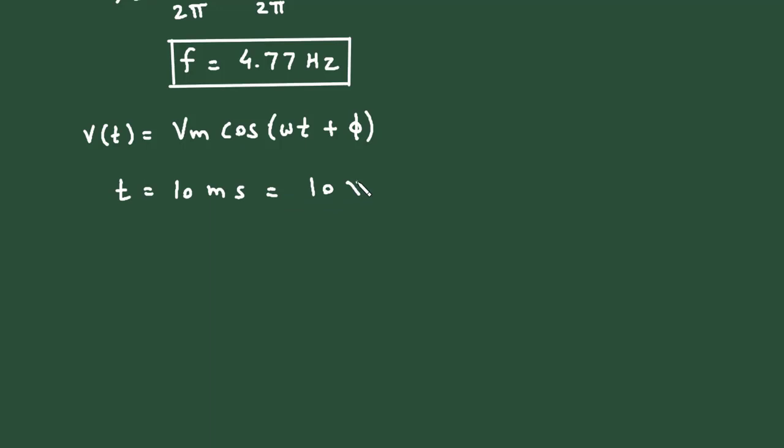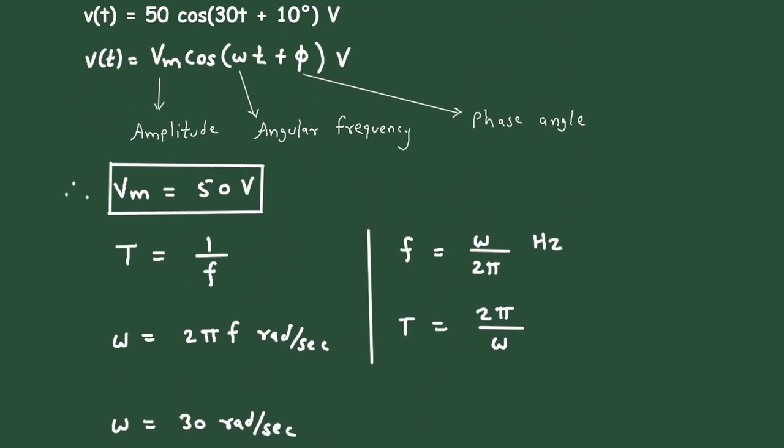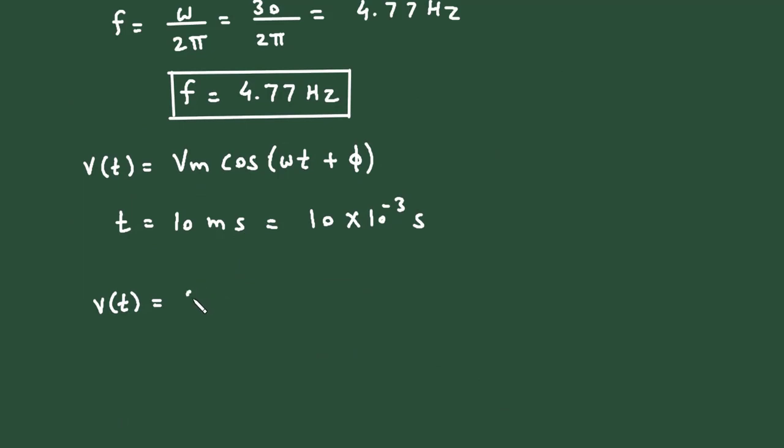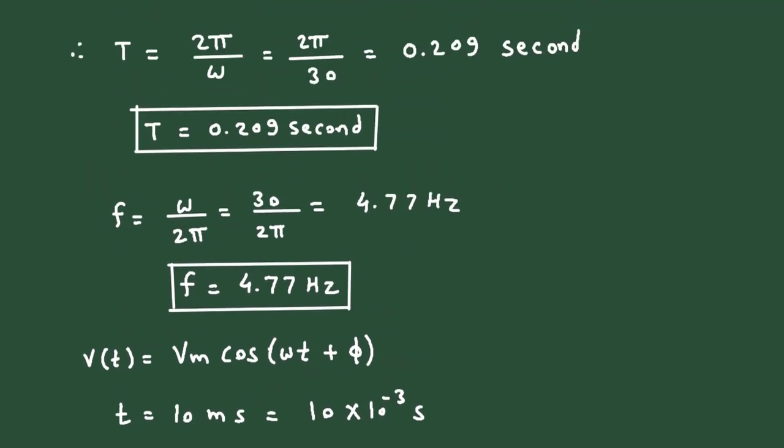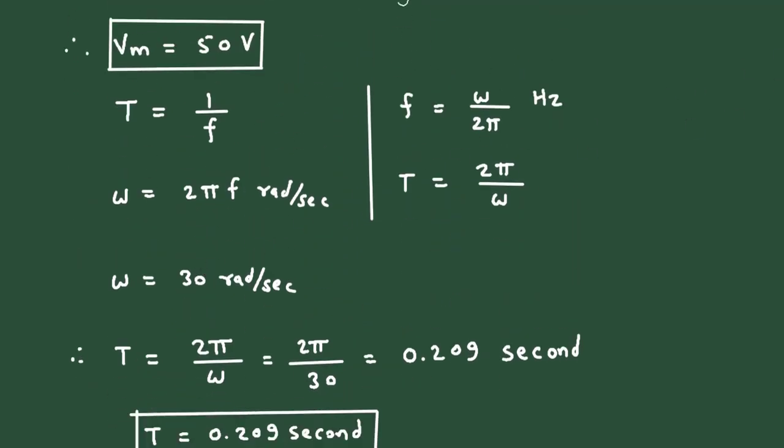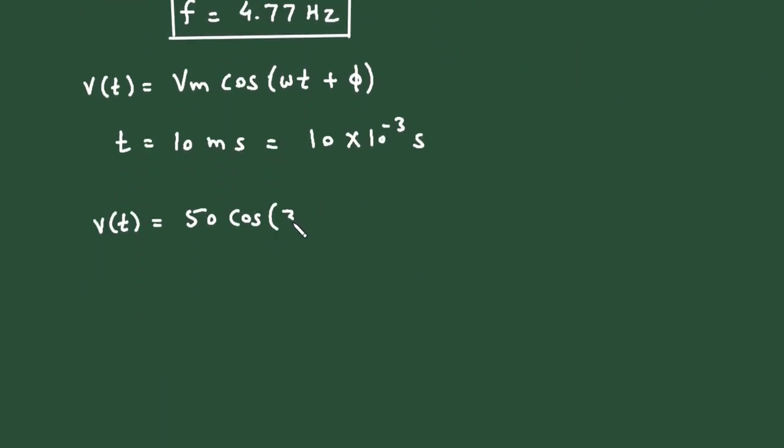So it will be 10 into 10 to the power minus 3 second. So let's substitute all the values here. So V of t will be equal to Vm. The value of Vm is 50, so let's put 50 here. Then cos, the value of omega is 30, so let's put 30 here. Then into t, the value of time in second is 10 into 10 to the power minus 3.